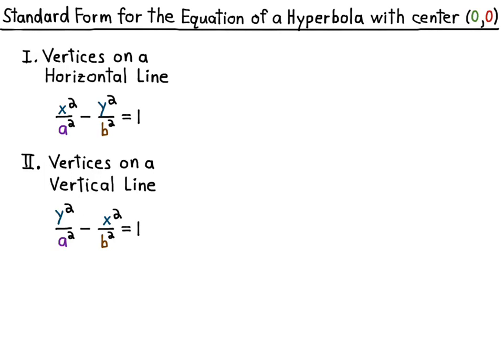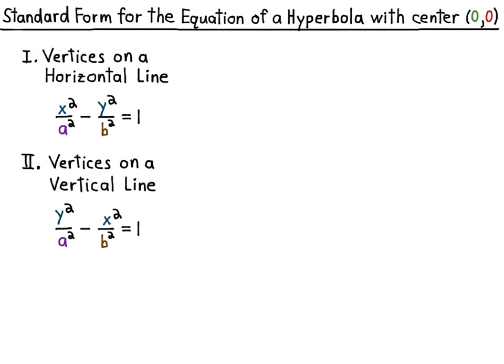But here, which one's bigger doesn't matter as far as which direction the vertex is for a hyperbola. It does for an ellipse, but not for a hyperbola. So what matters is, what is that first term? Is it an x squared term, or a y squared term?